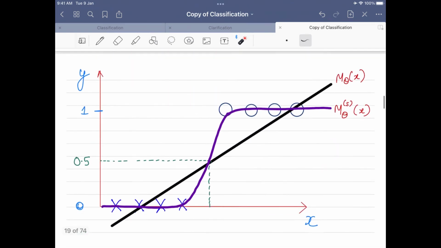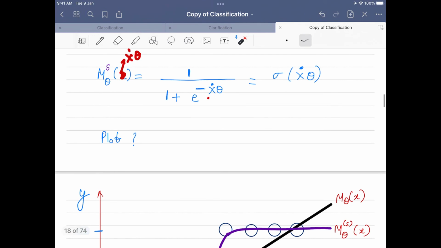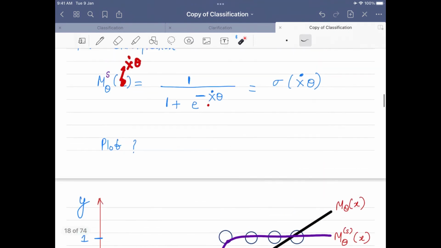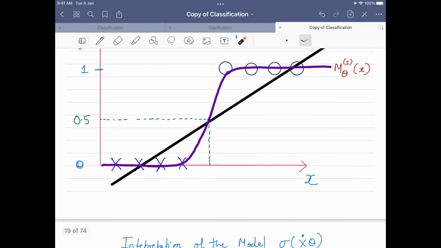Here is the model m theta x, which is the original regression model, x dot theta. Now you operate 1 upon 1 plus e to the power minus x dot theta onto it, and what you get is the purple line, the smoother operation. Here differentiability is not a problem, because now you can differentiate it.